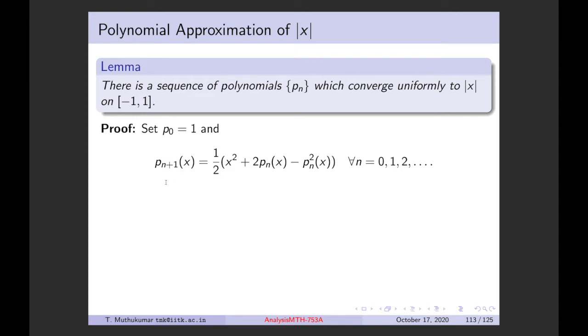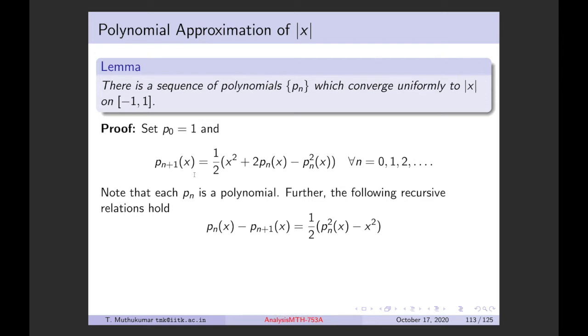Similarly, for p2 you plug in p1 squared and get the polynomial p2, and so on. So we have a sequence of polynomials. What we are doing is just multiplying, adding and subtracting polynomials, so each of these is a polynomial.